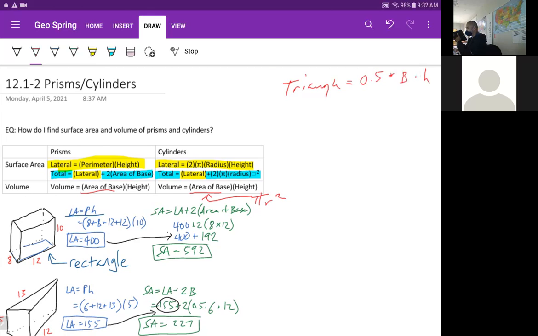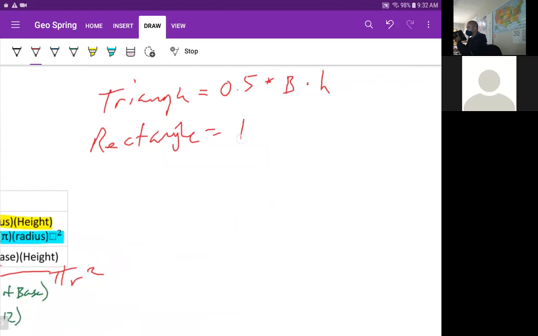Then you have the rectangle or square; the rectangle is just base times height. A rhombus, I don't think you'll have a rhombus, by the way, is 0.5 d1 times d2.